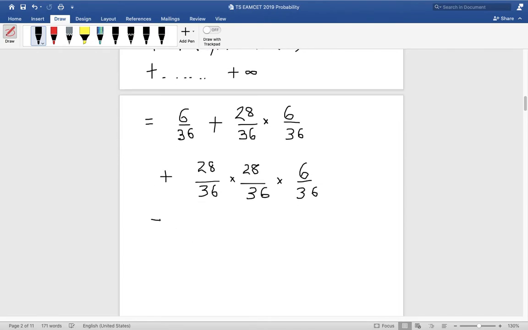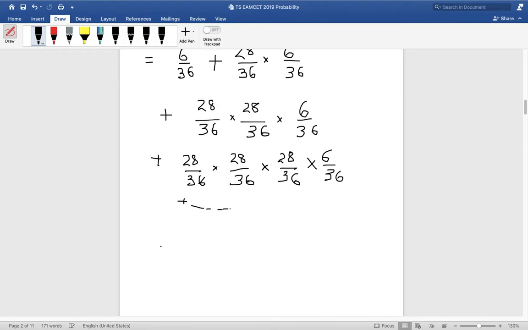Then again 28 by 36 times 28 by 36 and 28 by 36 and 6 by 36. And this will keep on happening till we roll a 7. So this will go up to infinity.